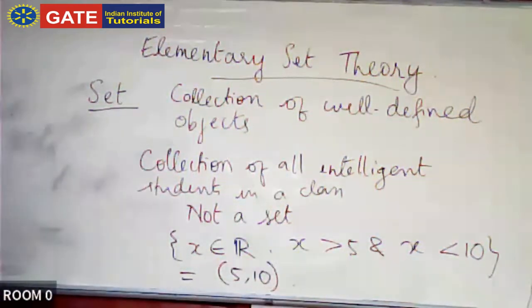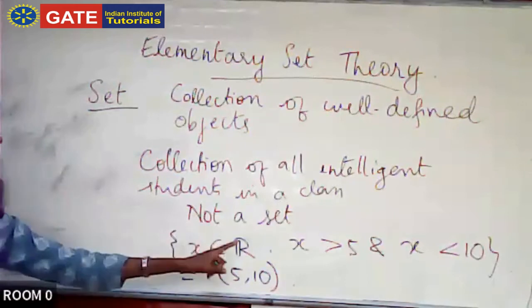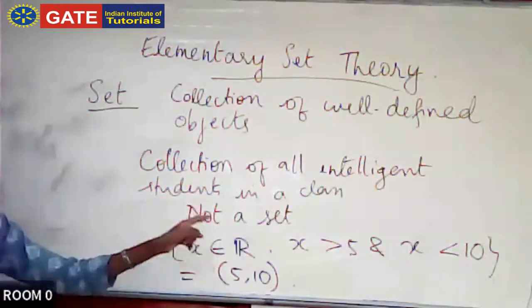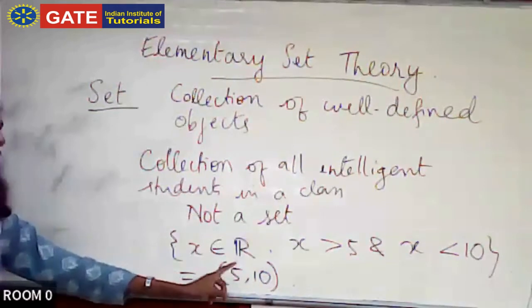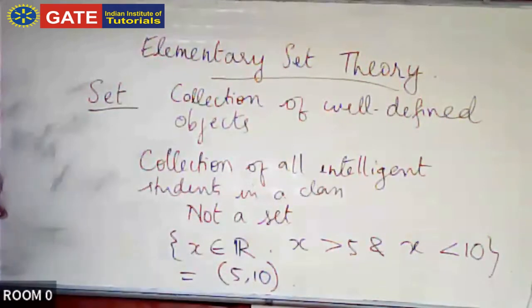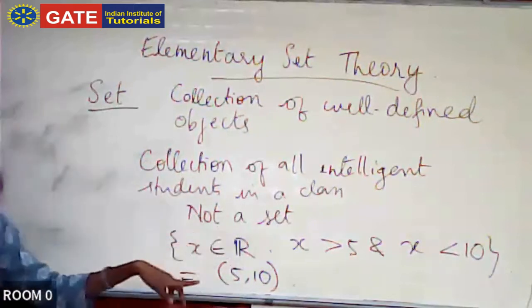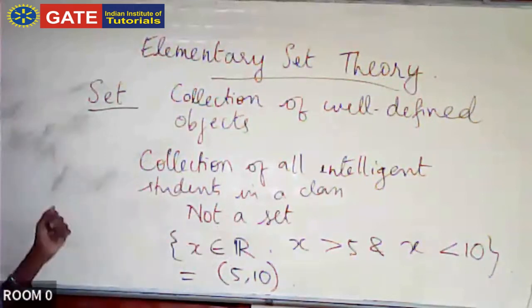It is a subset of the set of real numbers, and that is nothing but an interval. It has an infinite number of elements. But if you mention the set of natural numbers, then it is a finite set. So according to the definition, only we can say that a collection will be a set or not. It should be well defined.